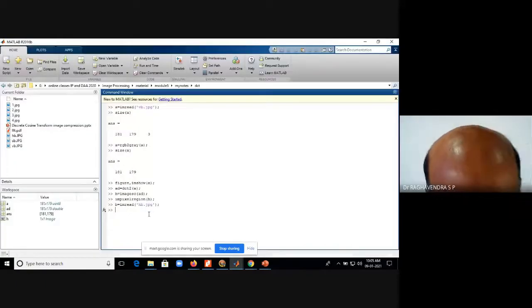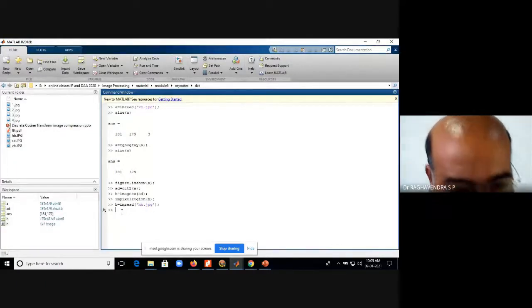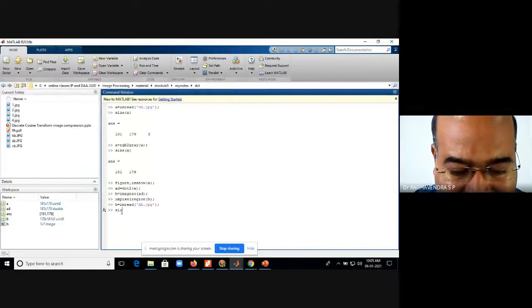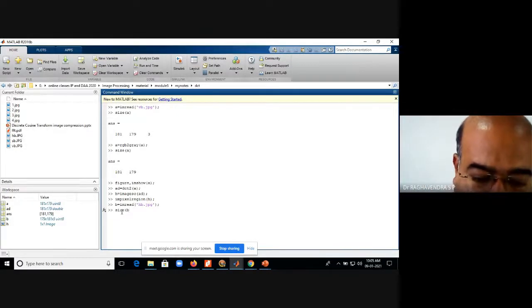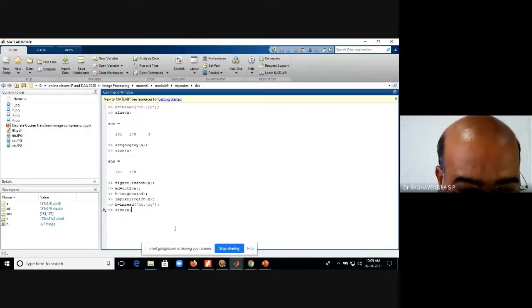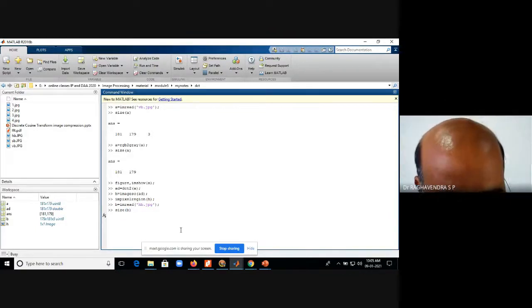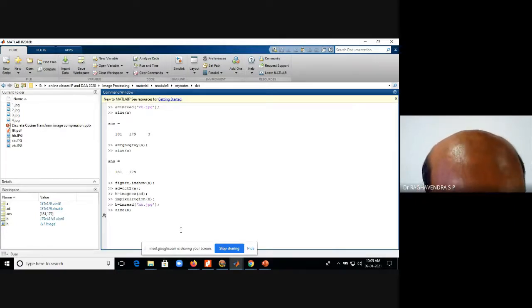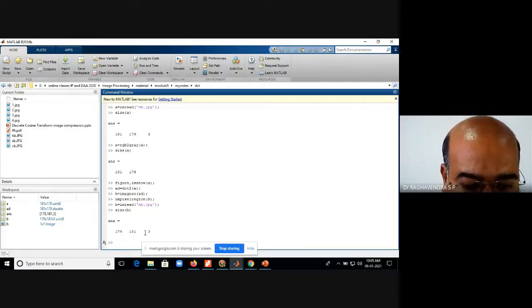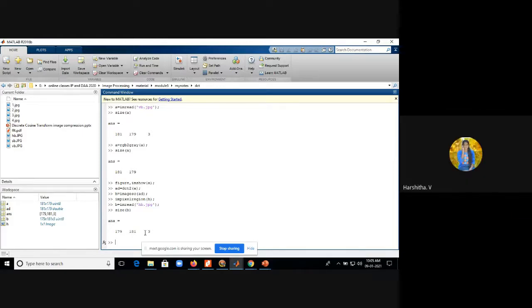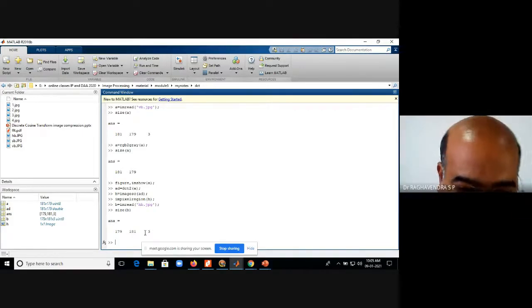Yes, dear students. Let us find out size, which is a function used to find the dimension of the image, size of B. When I execute this, I get this information. Now you tell me whether the image B is a color image or a grayscale image. Definitely it is a color image.